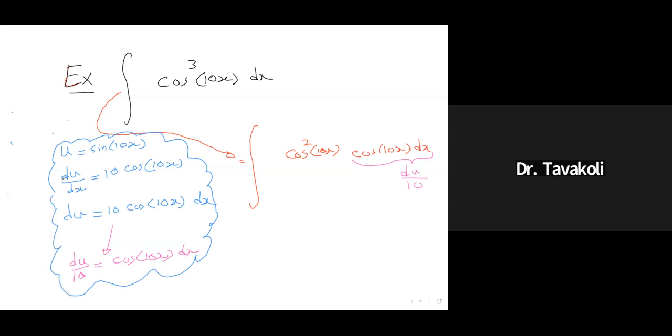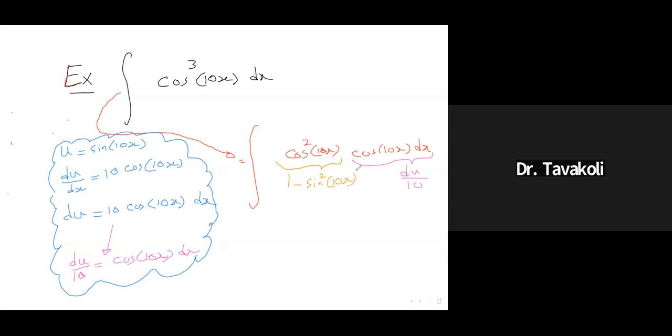How about cosine squared of 10x? Again, that's something that we know from trigonometry: for any angle, in this example the angle is 10x, sine squared plus cosine squared is 1. Therefore, this is going to be 1 minus sine squared of the angle 10x.